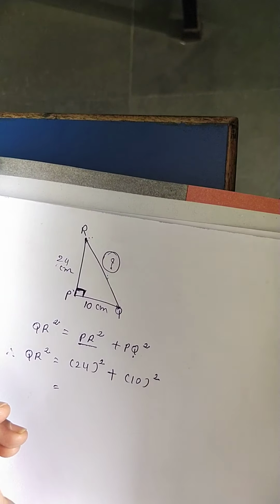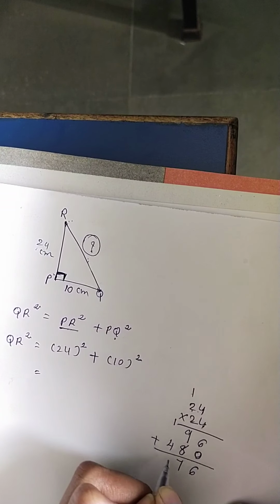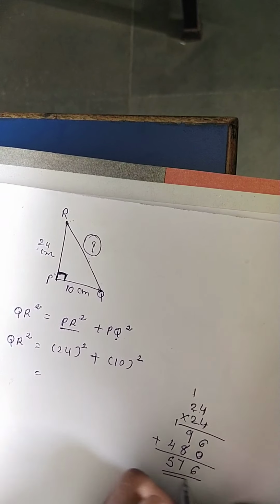For the tens place, put first 0. 2 4s are 8. 2 2s are 4. 6 as it is. 9 and 8, 17. Carrying 1, 4 and 1, 5. So it is 576. So 576, and the square of 10 is 100, these things we know.